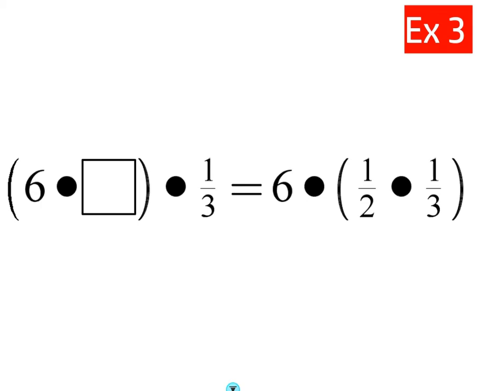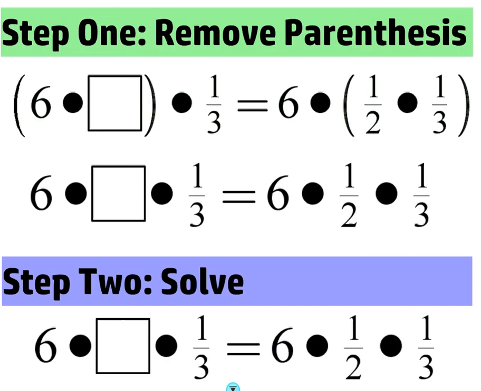Now we're going to go into fractions, and I love this example and I love the visual that accompanies it. Let's go ahead and read this together. We have positive 6 times what number times 1/3 is equal to positive 6 times and then 1/2 times 1/3. Again, we're going to go ahead and remove the parentheses.